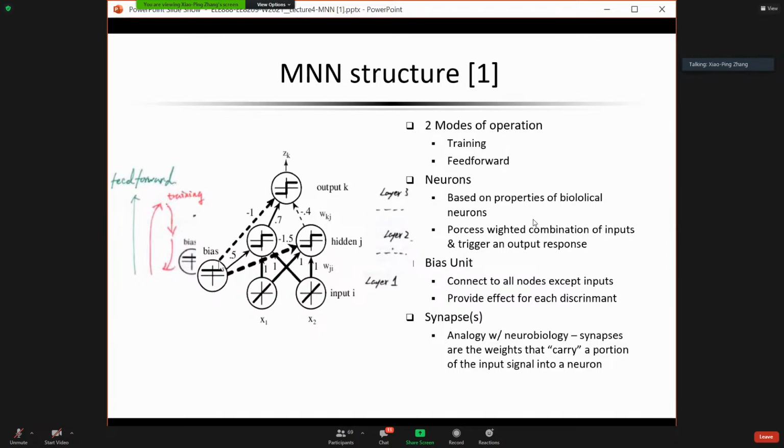And all of them have a bias unit. Then there's a synapse, which represents the weight. Each neuron consists of the bias unit, the synapse, and the particular input.